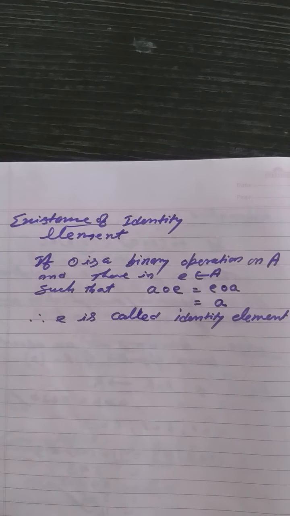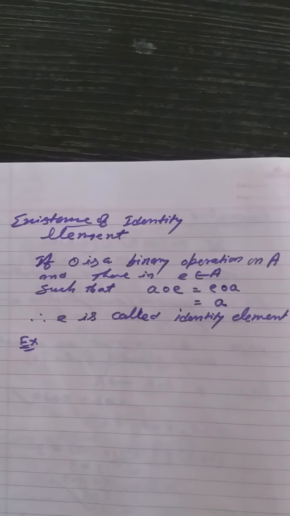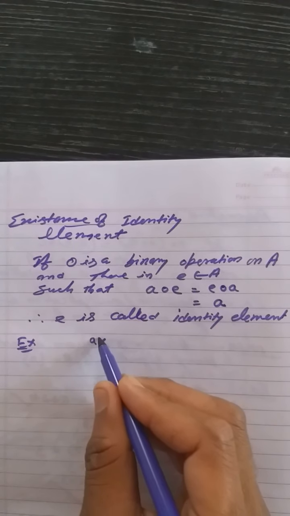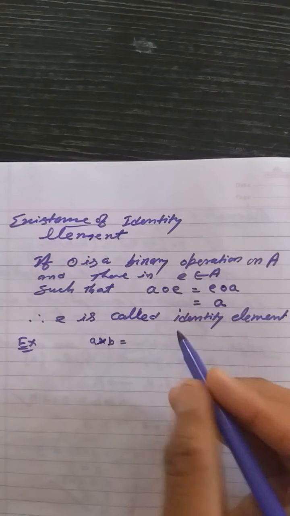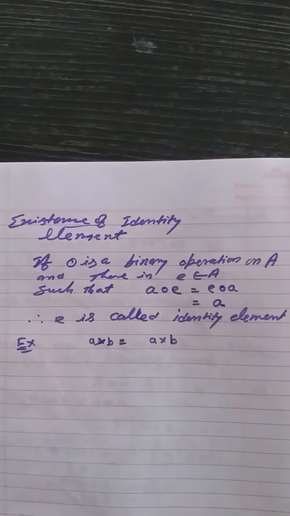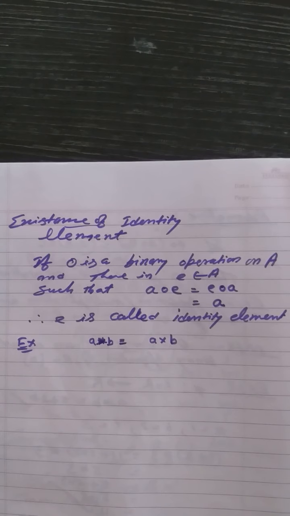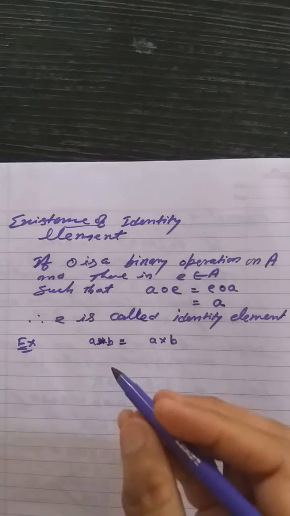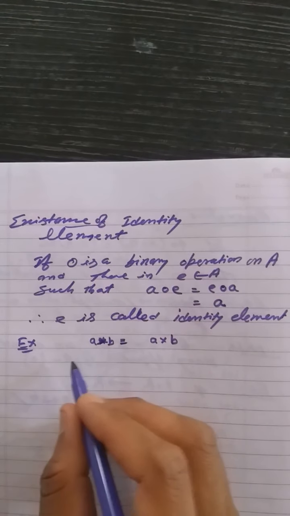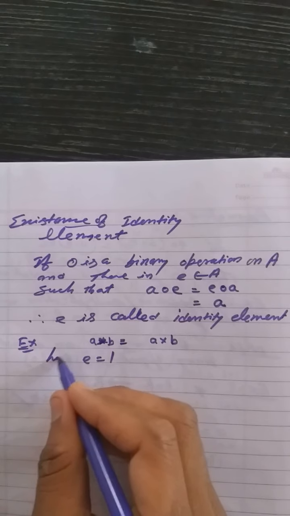Let us see with the help of an example. Let us suppose A star B is defined by A into B. So we have to check whether 1 is the identity or not. Here E is 1.